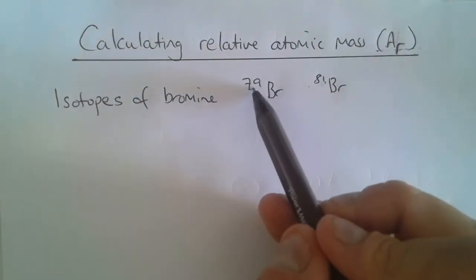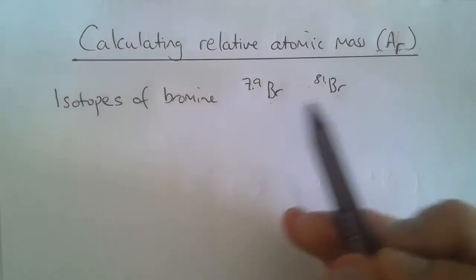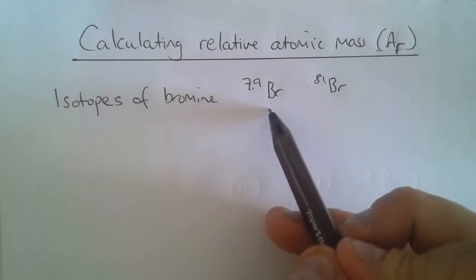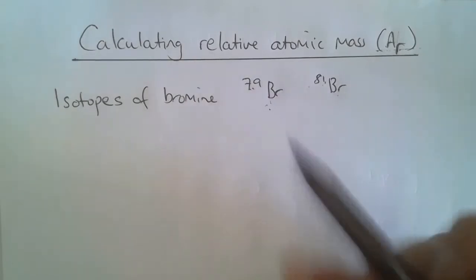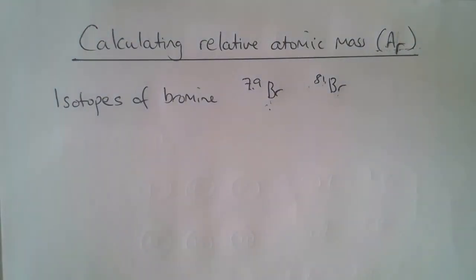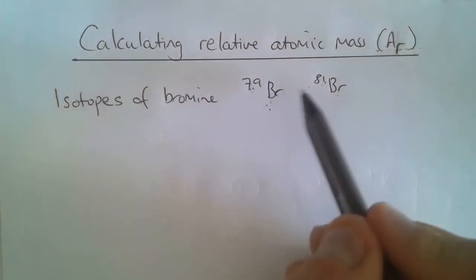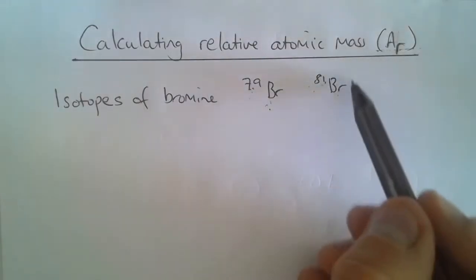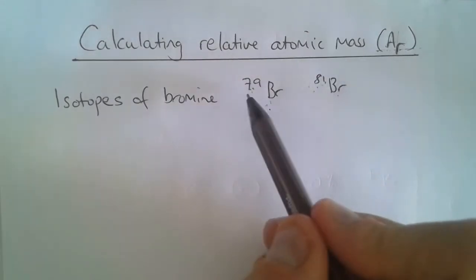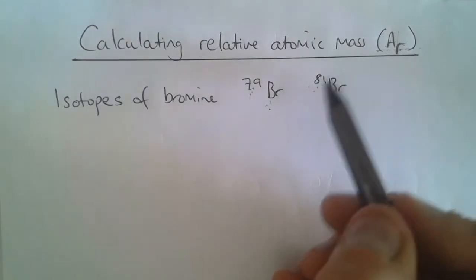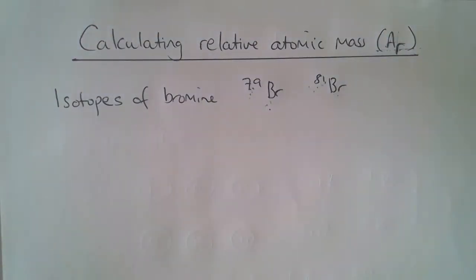They're both bromine atoms, but they are isotopes of bromine. So they are the same element, they have the same number of protons and electrons, but a different number of neutrons. Bromine 81 is ever so slightly heavier. It has 2 more neutrons than bromine 79.